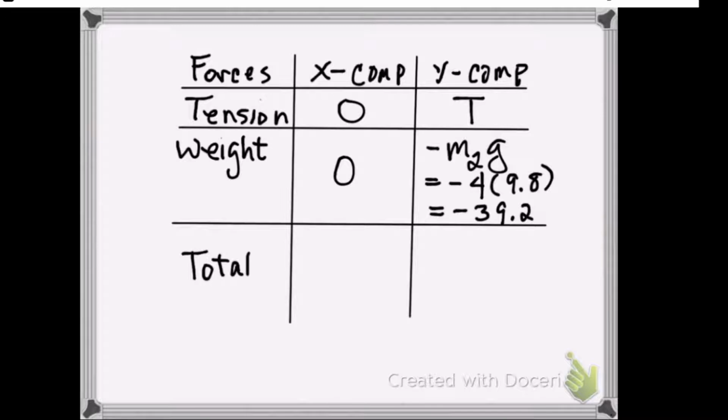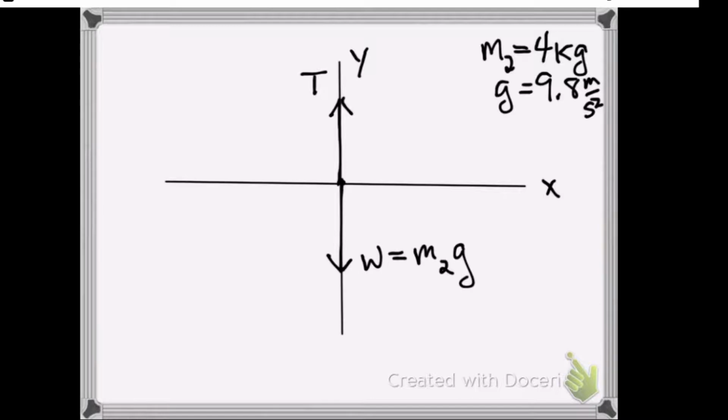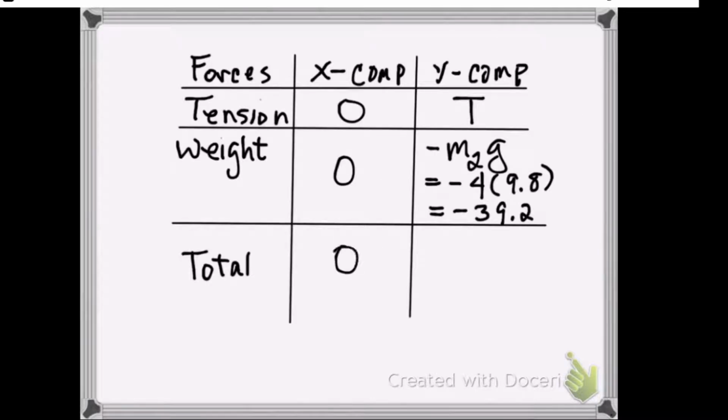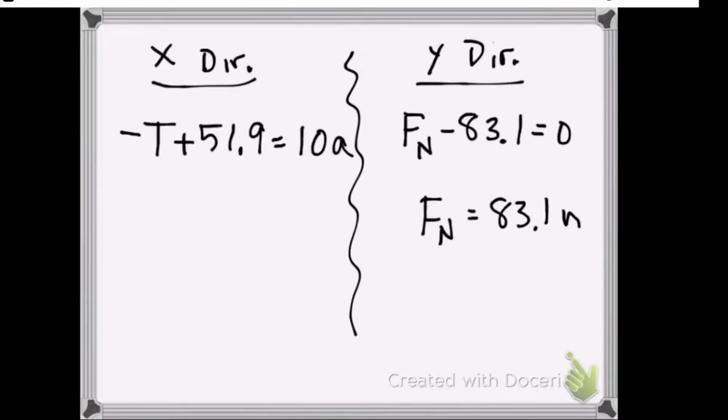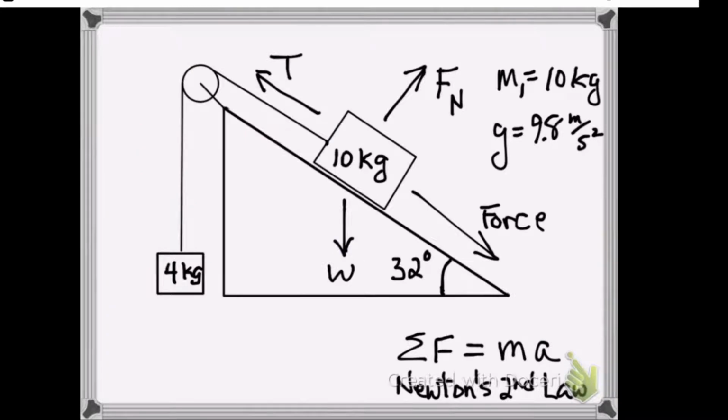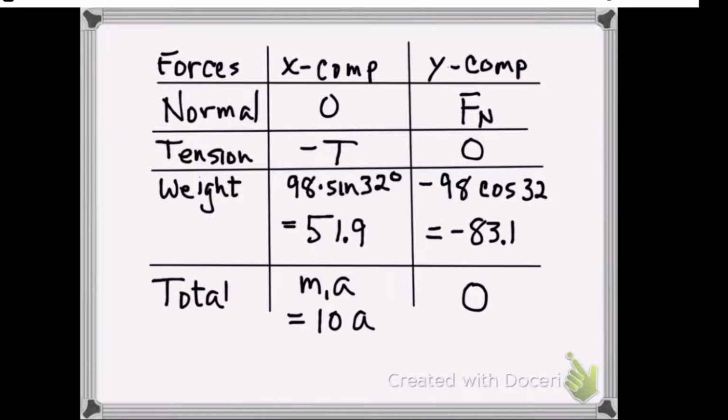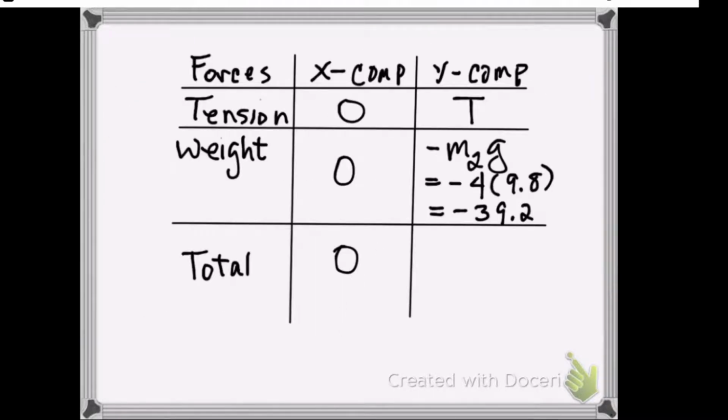Now in the x direction, the object is not going to accelerate, so that total will be 0. But in the y direction, if we go back and look at the original picture, we expect the 10 kilogram mass to move down the incline to the right, which means that the 4 kilogram object is going to move up toward the pulley. So the acceleration for this object is going to be positive, M2 times a, which is 4 times a.